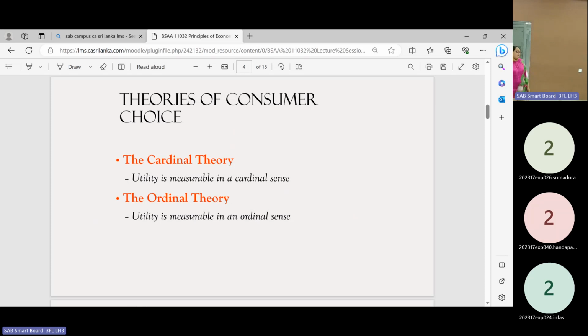They are also called the cardinal utility approach, ordinal utility approach, cardinal theory, ordinal theory. Very basic difference: in the cardinal approach, we assume that satisfaction or utility can be measured in numbers.